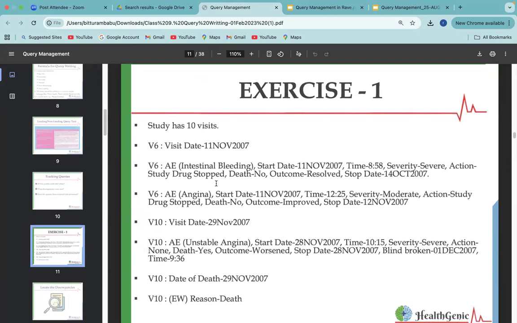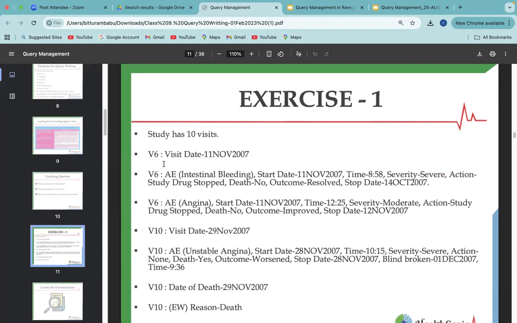Read these 3 lines and there is a mistake. Identify what that mistake is. First 3 lines, you read it. The study has 10 visits. The visit V means visit. This was done on the 11th November. Okay, so read it and tell me what the error is. Everyone has to participate.